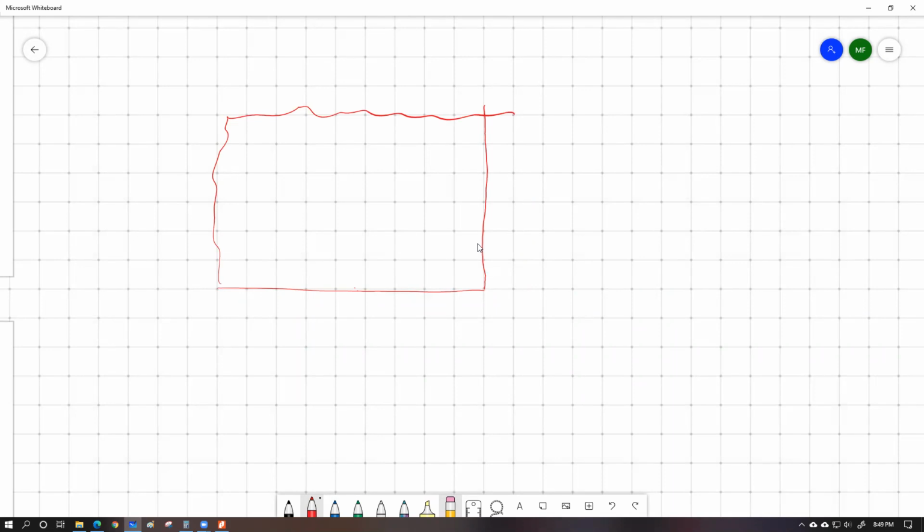We are going to do this experiment by attaching the spring. So let's say this is the spring.